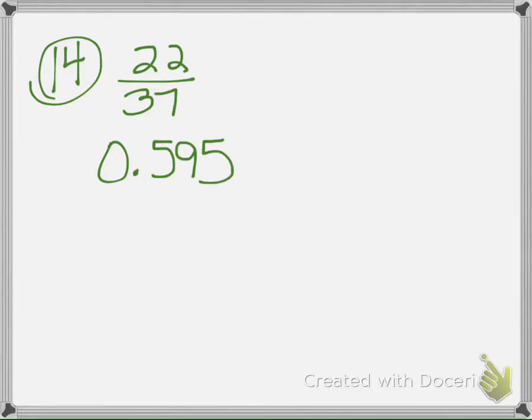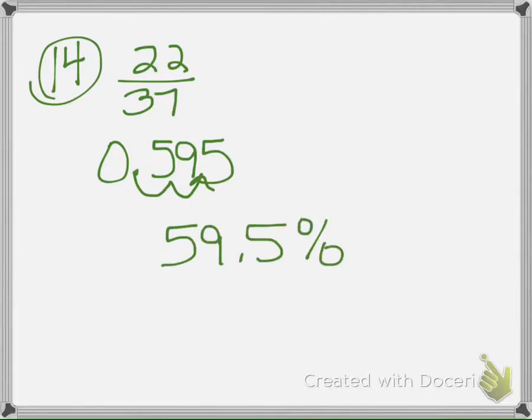Okay, and we're just going to move the decimal 2 places to the right: 59.5%. I've talked to you about the repeating decimals more in my 8th period class, how you could write that, but we're not going to worry about that right now. We're just going to worry about changing it to a decimal, rounding it is fine, and then moving the decimal 2 places to the right.